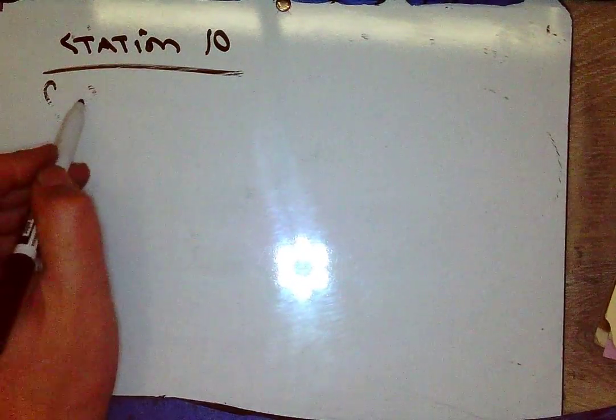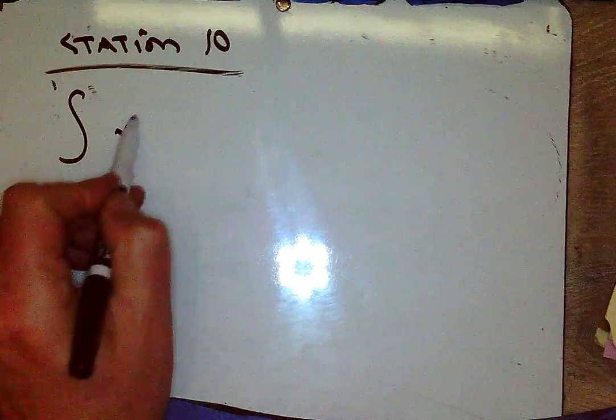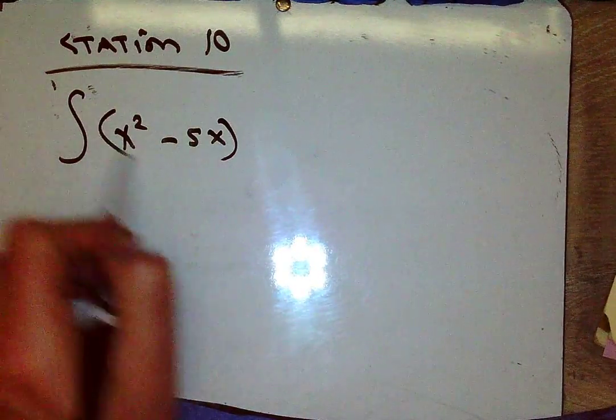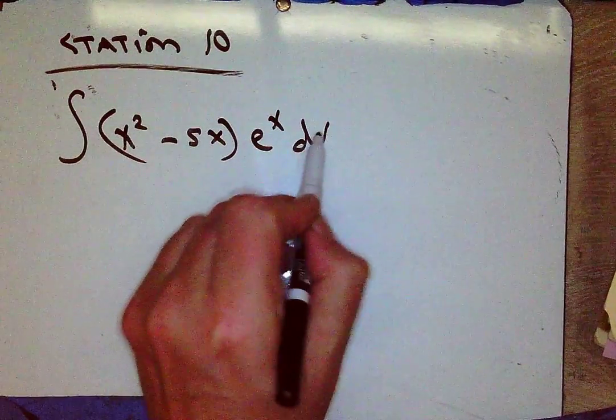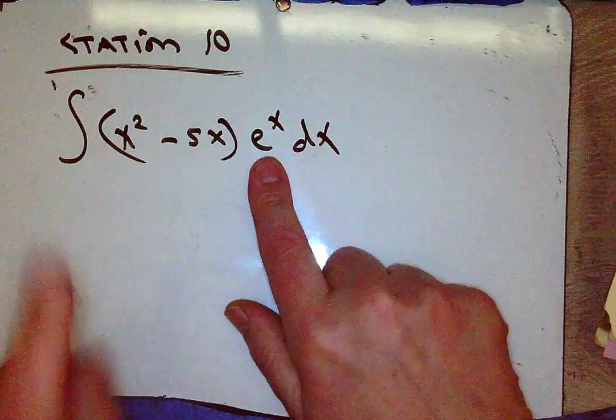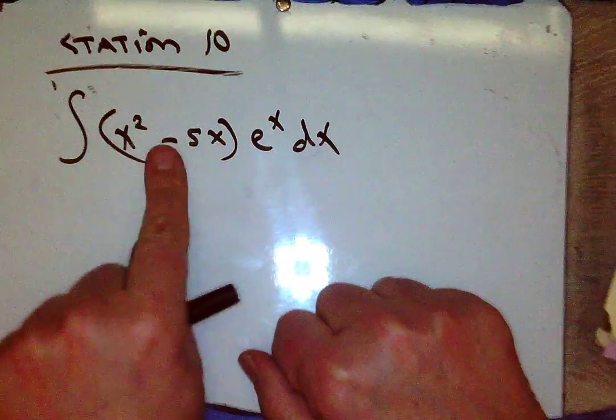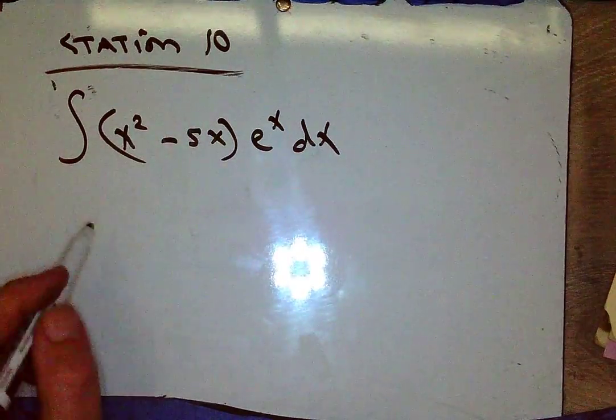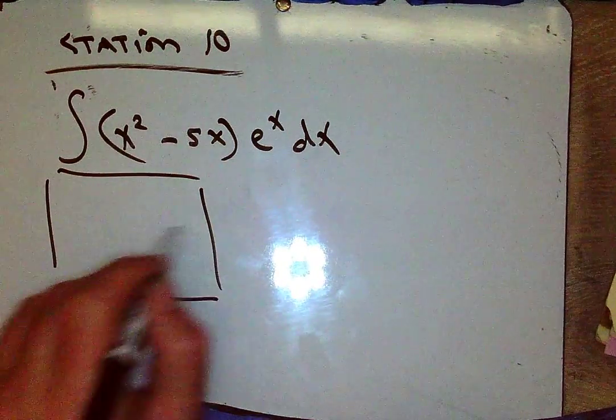10b, the integral of x squared minus 5x times e to the x dx. Well, I see a function and someone else's derivative. So I'm going to use by parts here.